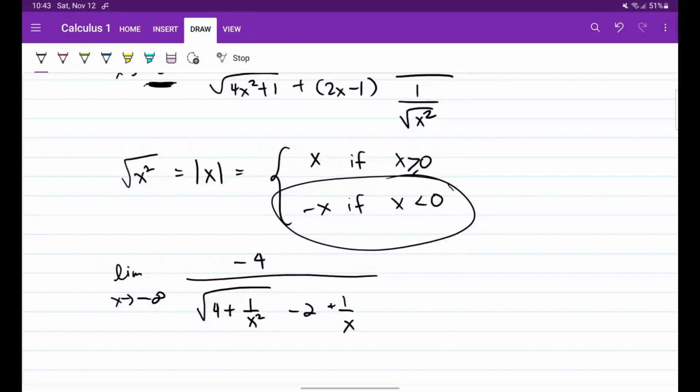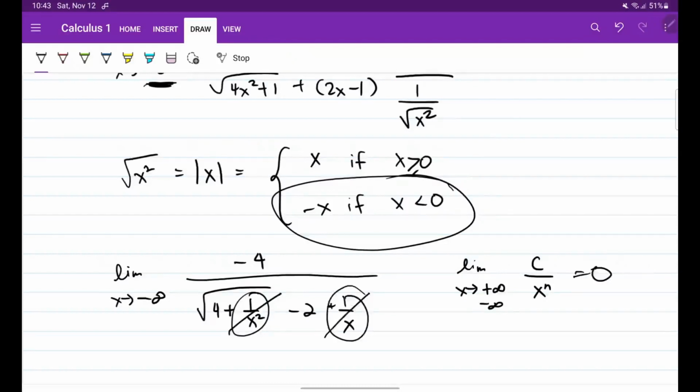We just divided by negative x. And we said that the limit as x approaches positive infinity or negative infinity of c over x to the n is equal to 0. So we get this to be 0 and this to be 0.